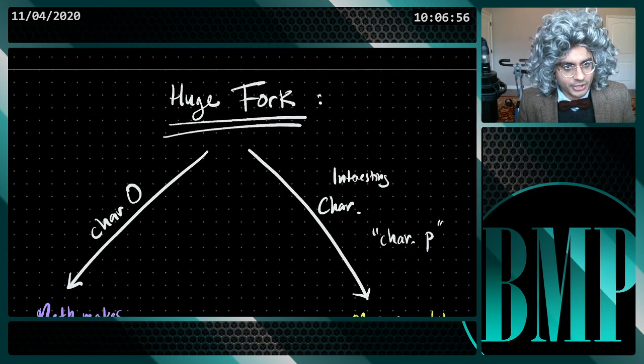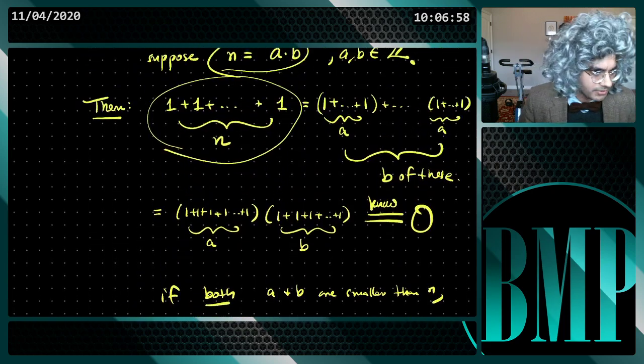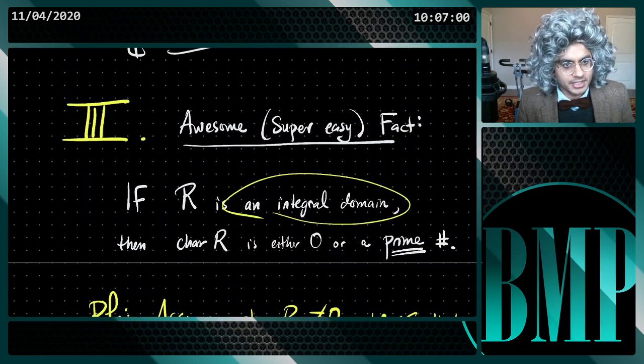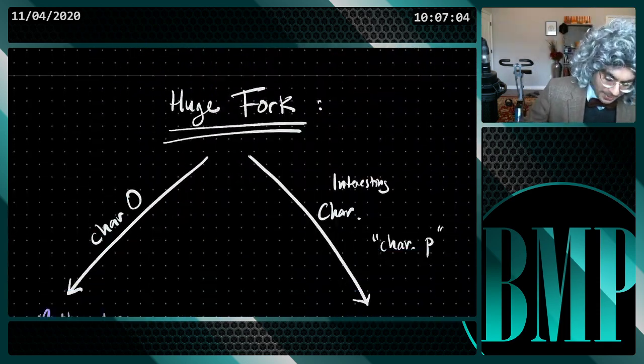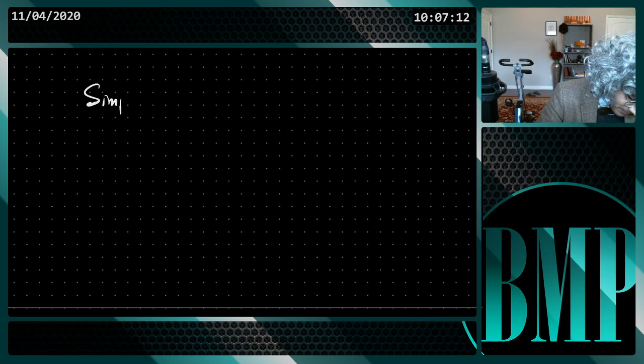So, we know what the characteristic of a field is, of anything. It's the total number of times you add 1 to get 0. The smallest quantity. One last thing about characteristic. Simple thing.